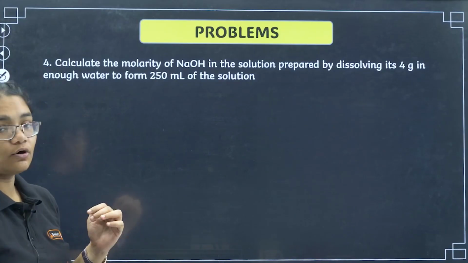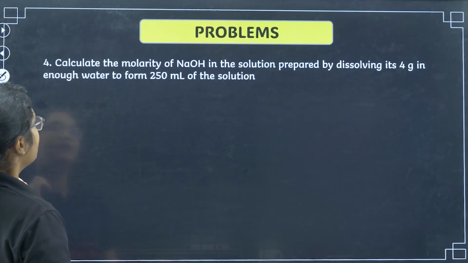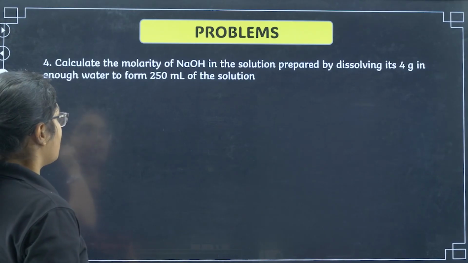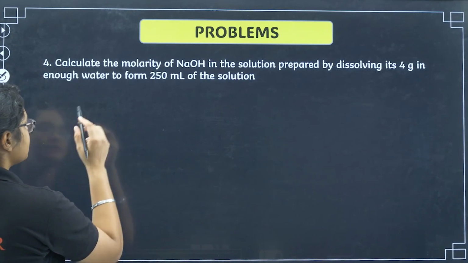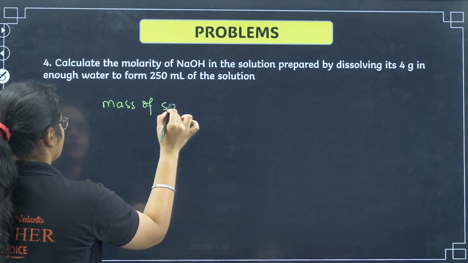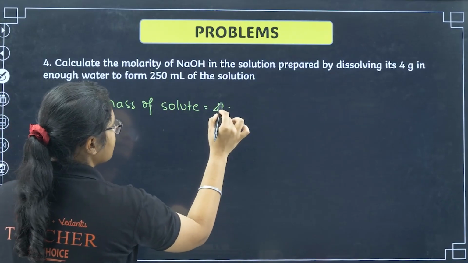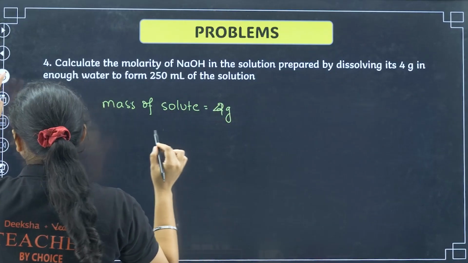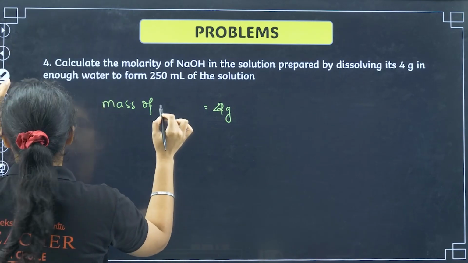Calculate the molarity of NaOH in the solution prepared by dissolving 4 gram in enough water to form 250 ml of the solution. So let's write down: mass of the solute is how much? Mass of solute is 4 gram. What is solute here? NaOH.